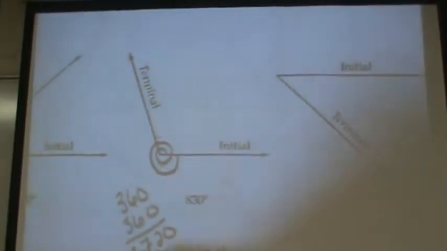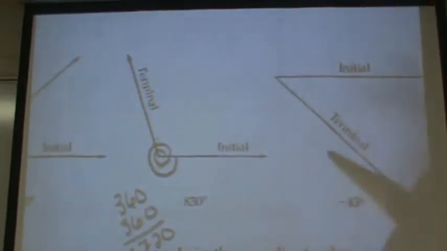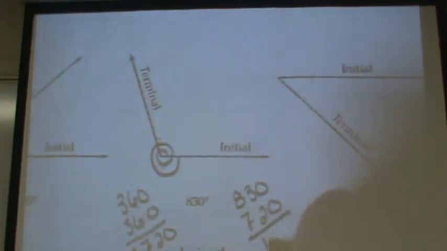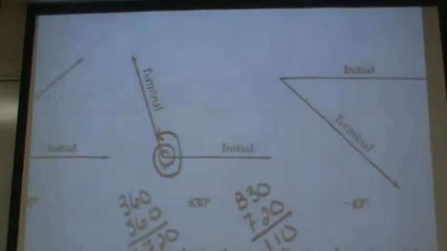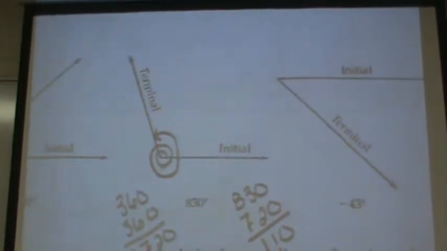If we go around again, we're adding 360 again, so we're at 720. Then we have to go another 110 degrees. How did we get that? Because you're at 720 and you need to get to 830, so we took 830 minus 720 and got the extra 110 degrees. That's the rest of the way there, and that gives you your 830 degree angle.